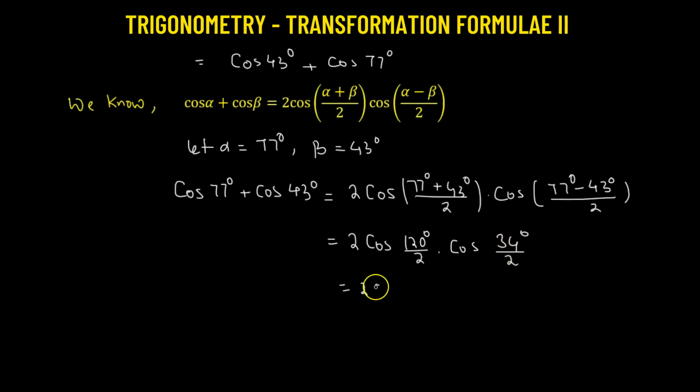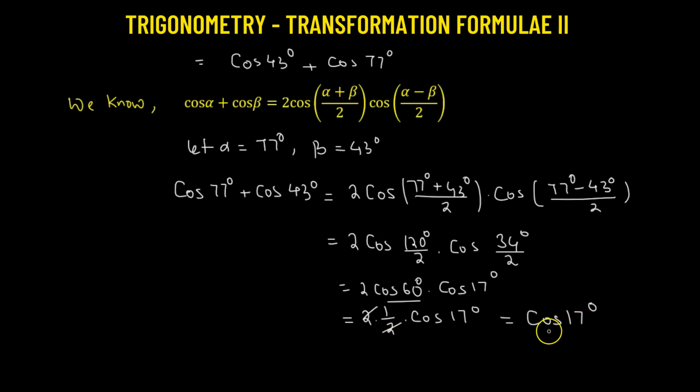Now we get 2 times cosine of 60 degrees times cosine of 17 degrees. We know cosine of 60 degrees is 1/2. We get 2 times 1/2 times cosine of 17 degrees. The 2 and 1/2 cancel out, and that leaves us with the final value, cosine of 17 degrees.